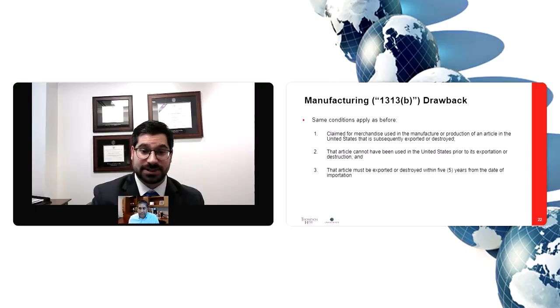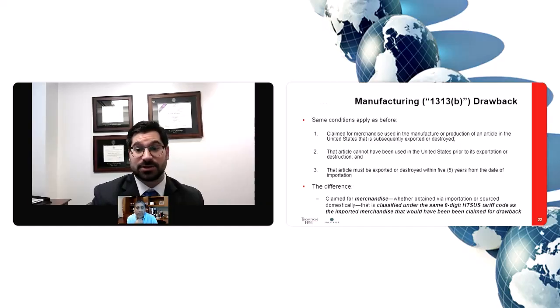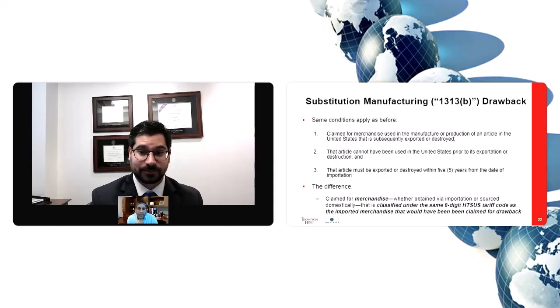So where's the difference? This time, the difference is that this can be claimed on merchandise, whether obtained via importation or sourced domestically, that is classified under the same 8-digit tariff classification as the imported merchandise that would have been claimed for drawback. Some of you are probably thinking, that's actually really similar to substitution unused drawback. And you'd be completely right. 1313B drawback is also known as substitution manufacturing.